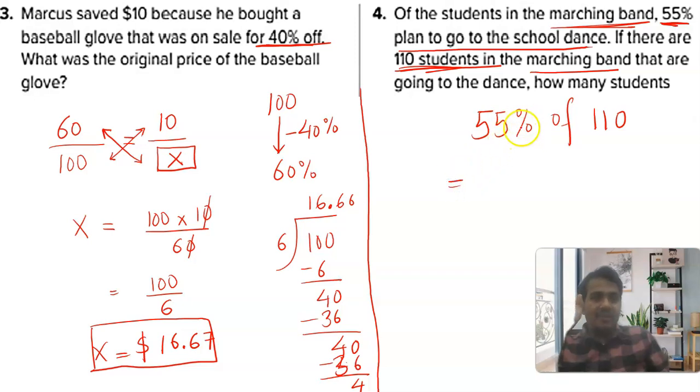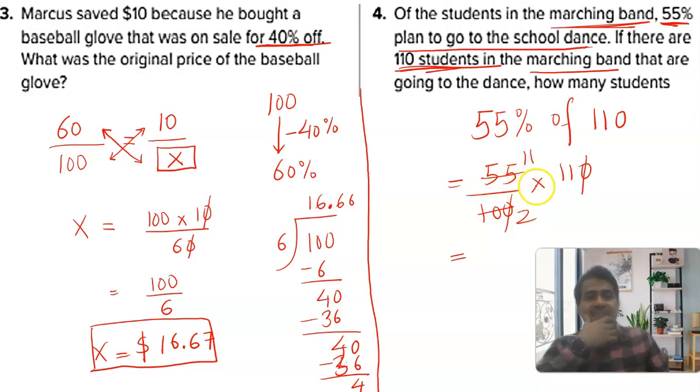All right, 55%. Percent means you have to divide by 100 times 110. The zeros cancel. 5 times 2, 5 times 11, and then that's it. We cannot do much about it. 11 times 11 is 121 divided by 2. It's going to be an approximate answer because you cannot get the exact thing.